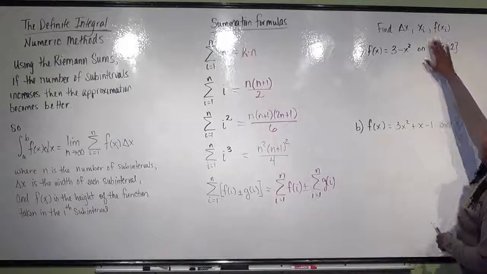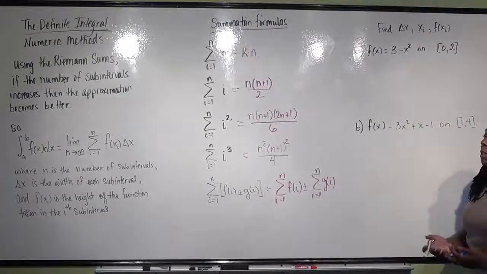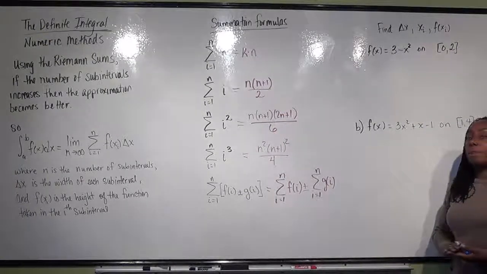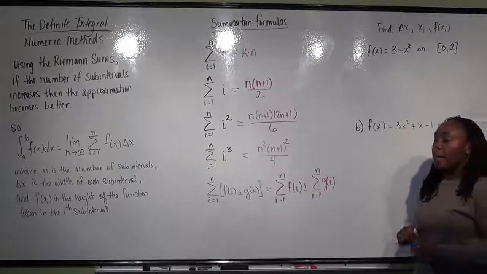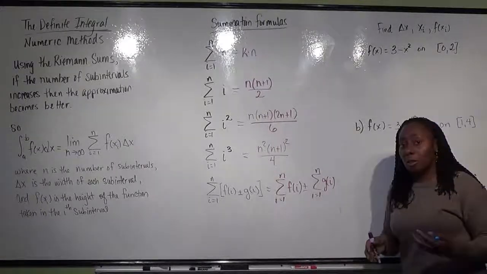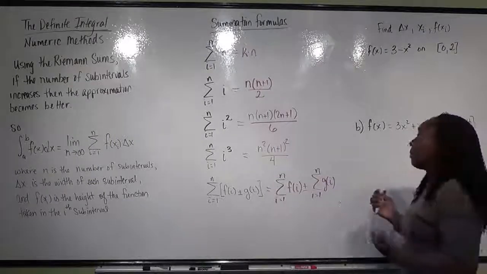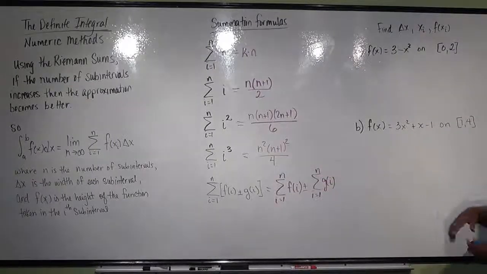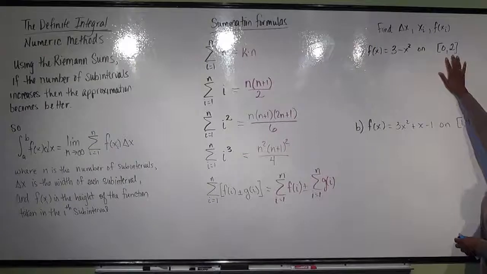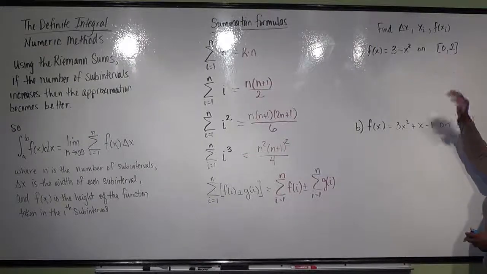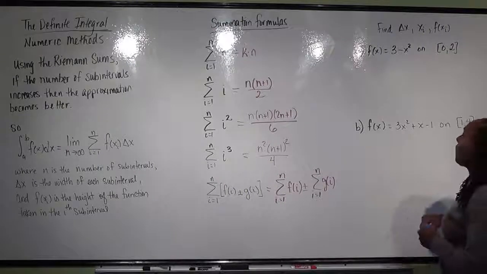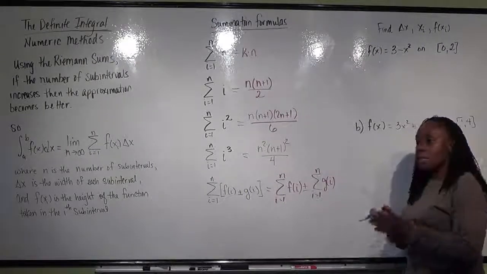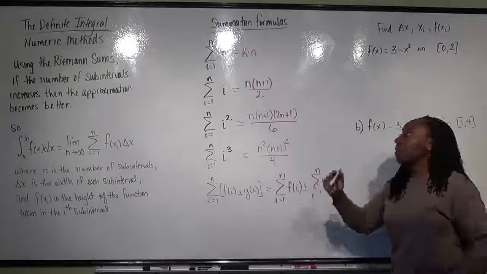Okay? So an example here would be, let's just find the delta x, the x sub i, and the f of x sub i for some different functions on some intervals. And these are all going to work very similarly, and that's why I've given you two different examples here. In the first case, I'm looking at a function on an interval that starts at 0. Okay? In this case, because I'm going from 0 to 2, to find my delta x, basically I just want the length of the interval.